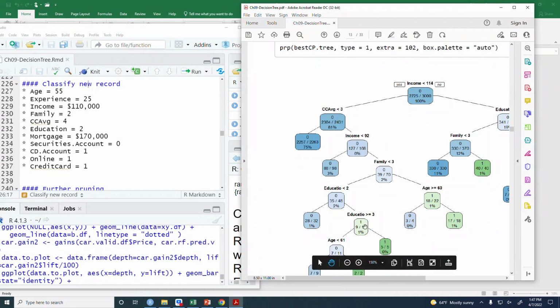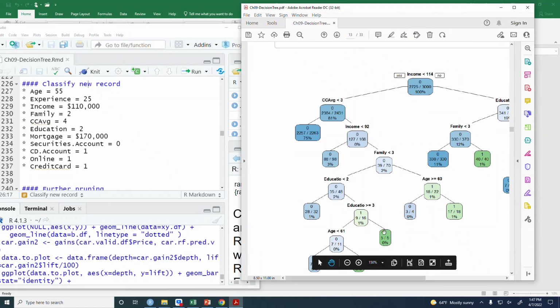And then education greater than or equal to 3 will go to the left side, and so we go to the right side. That's a leaf node. And the leaf node is just one observation, and 5 out of 5 or 1. So your prediction will be 1.